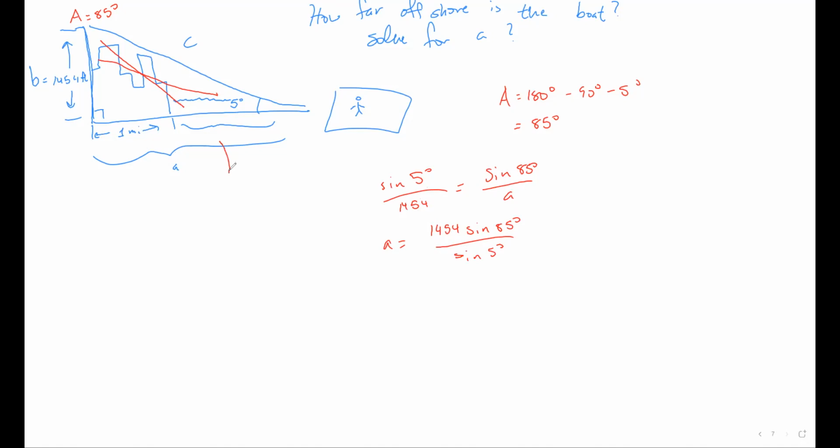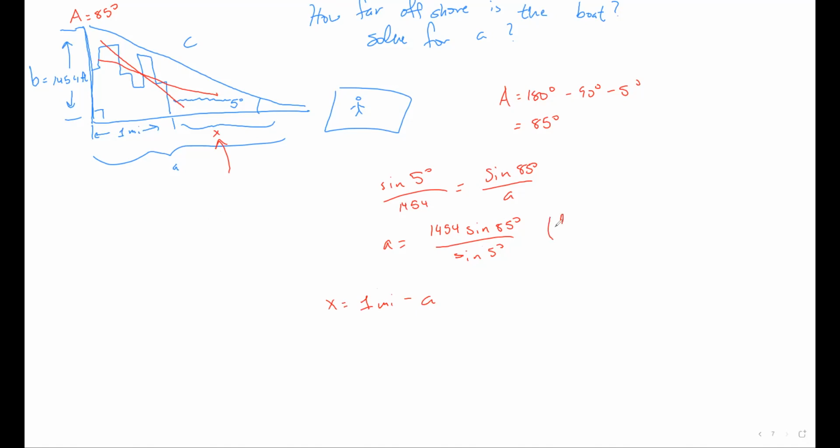So how do you think we could solve for this length then? Subtracting it? Yeah, exactly. We can subtract the two. So maybe if I call this x, x is going to be 1 mile minus whatever a is. Sadly, these have different units.